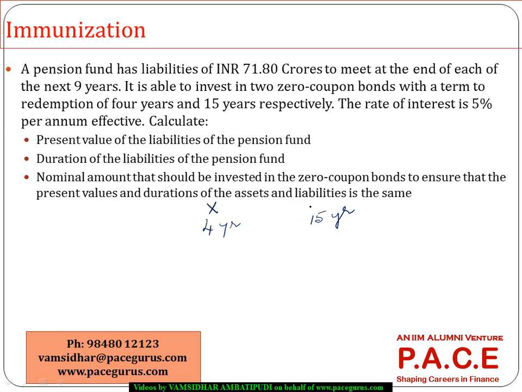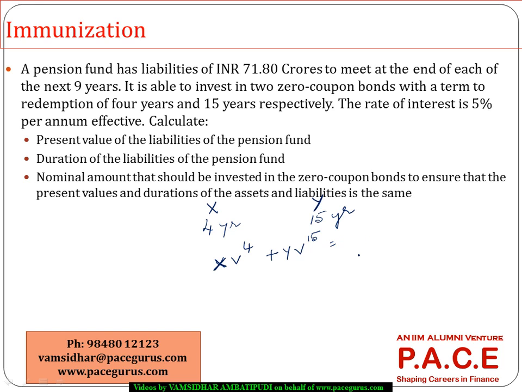So let's say I am investing some X in one and some Y in the other. Looking at the maturities, the face value of this particular bond will give me X after 4 years. The present value of that is X times v to the power 4. Similarly for this, Y times v to the power 15. That is the present value of the assets.